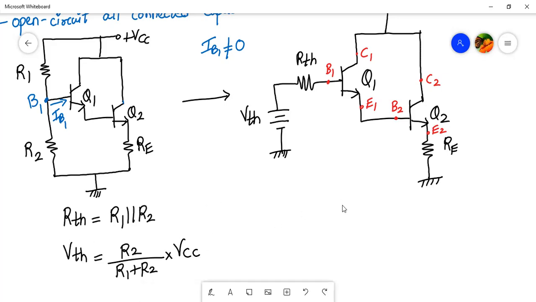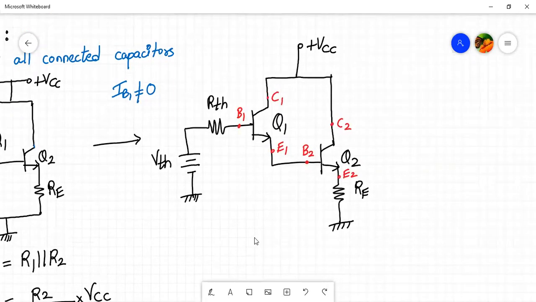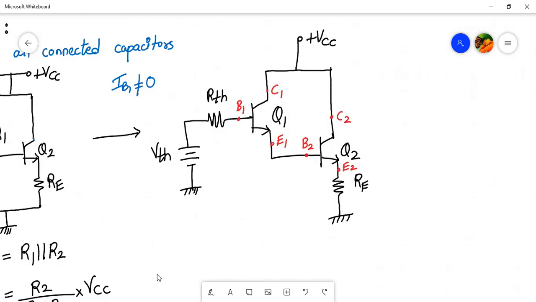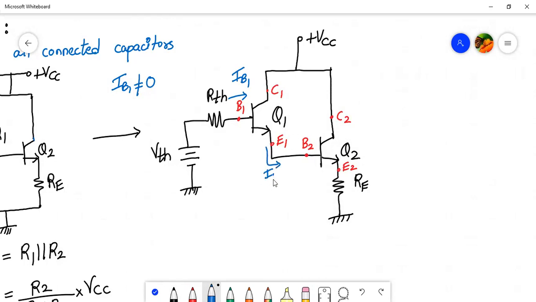Now, for this circuit, let me mark the value of various currents and voltages. So let me use a blue color. So here the current flowing to the base 1 terminal will be IB1. All right. Here the current flowing to the emitter terminal will be IE1. Current flowing to the base 2 terminal will be IB2, and the current flowing through the emitter 2 terminal will be IE2.